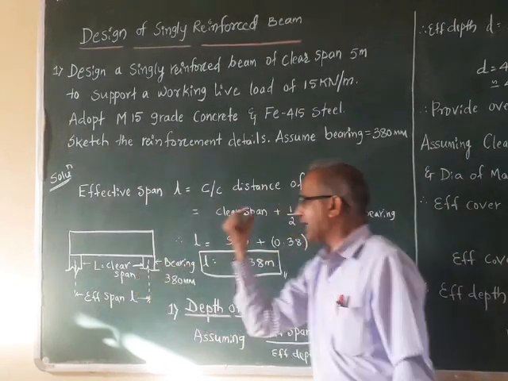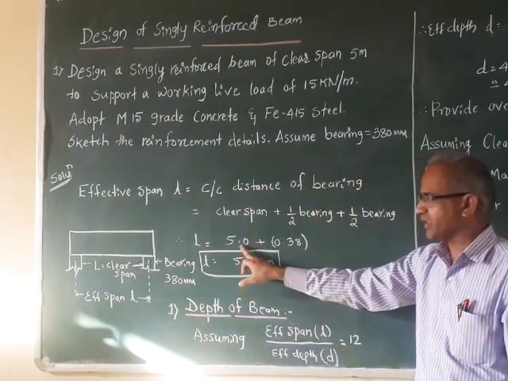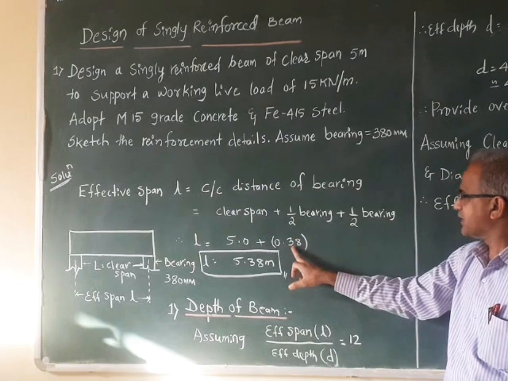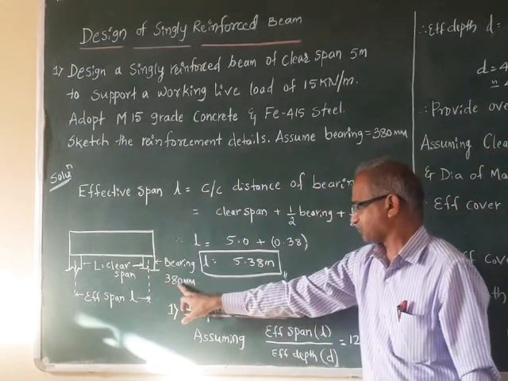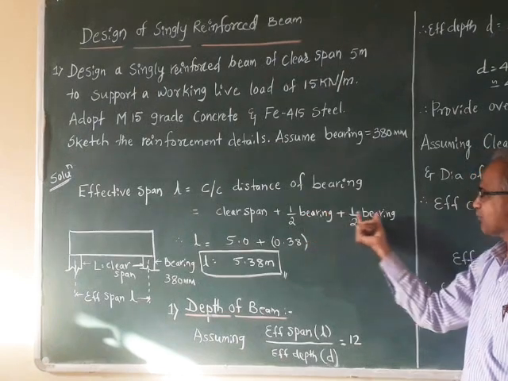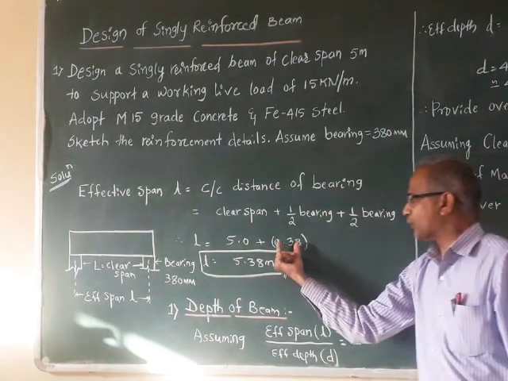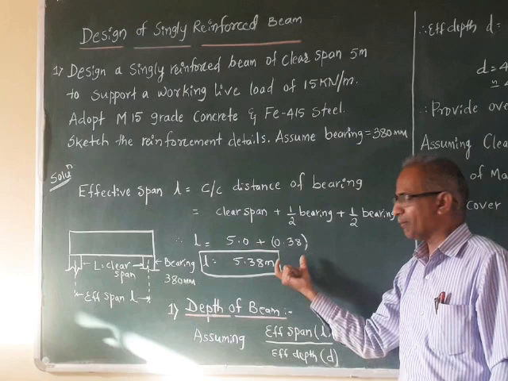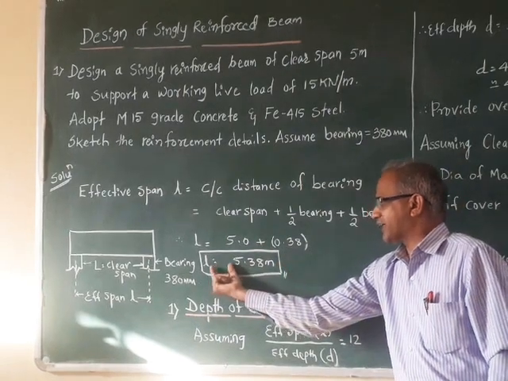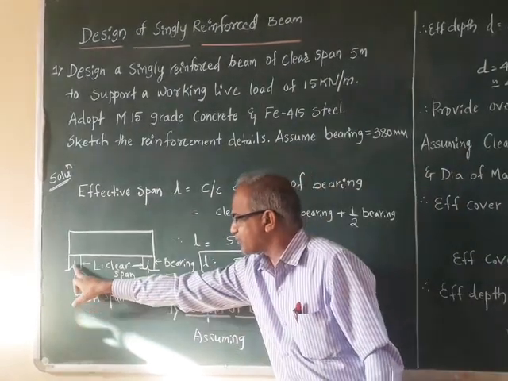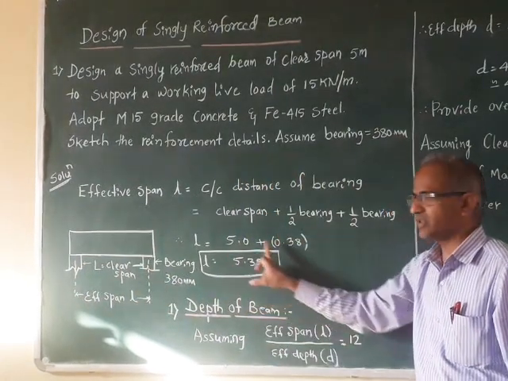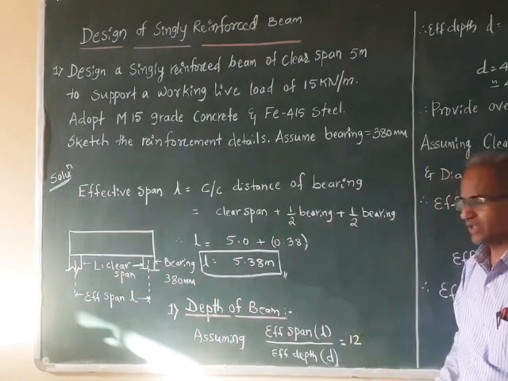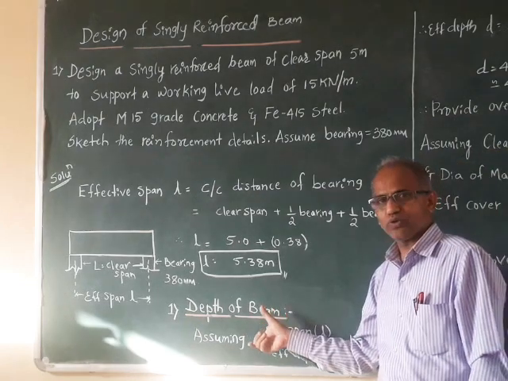Clear span is 5 meter and half of bearing is 0.38 divided by 2, so half of 0.38 plus half of 0.38. So we are going to add one full bearing. So the effective span of the beam, from center of the support to the center of the support, is 5.38 meter.